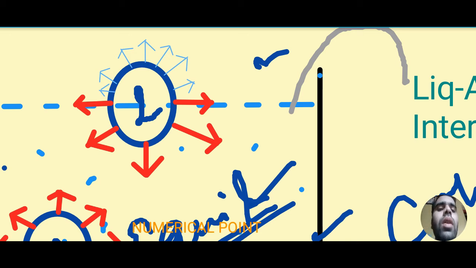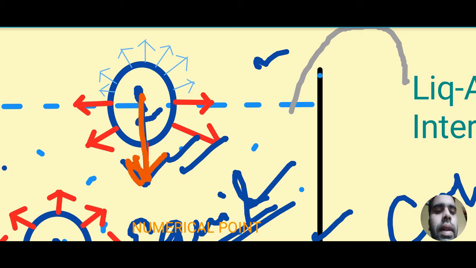The cohesive force due to the liquid is greater in magnitude as compared to the adhesive force due to air. So there is a net unbalanced force that acts in the downward direction.